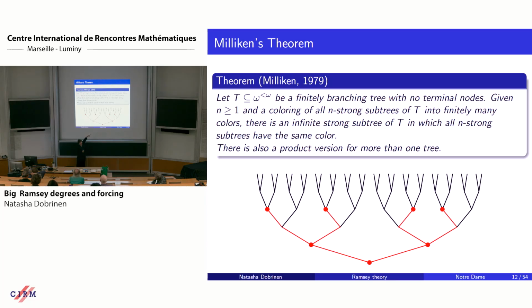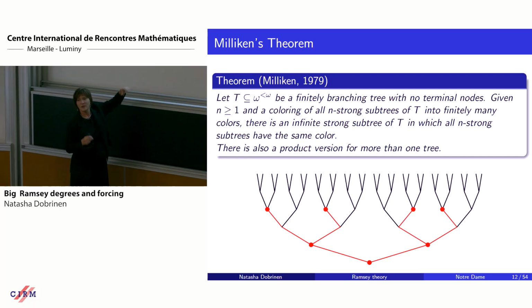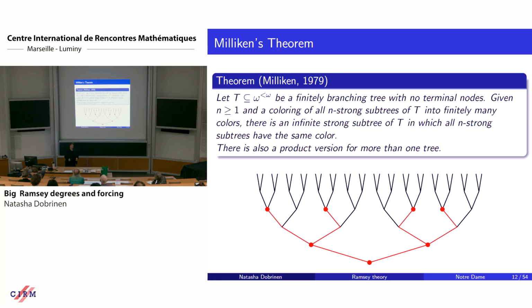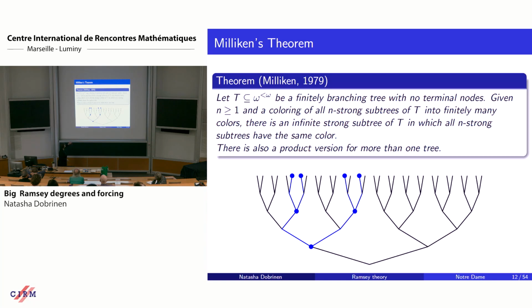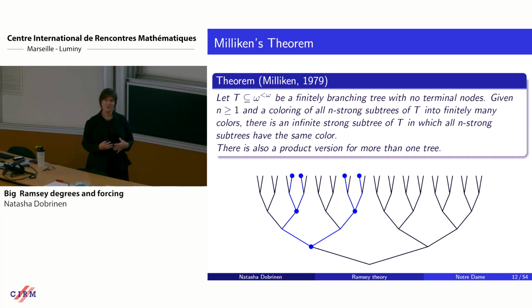You can choose different paths between the levels that branch, but then at the branching levels, they have to branch maximally. So this is a red copy of a 3-strong subtree in here, and this is a blue copy of a 3-strong subtree in here, and Milliken's theorem would tell us that there is another strong subtree which is infinite, so no terminal nodes, where all of the copies of these 3-strong subtrees have one color.